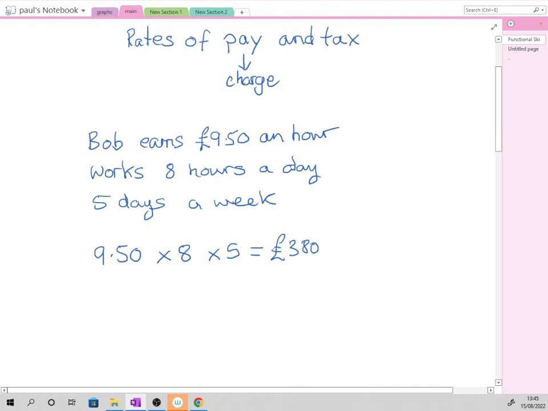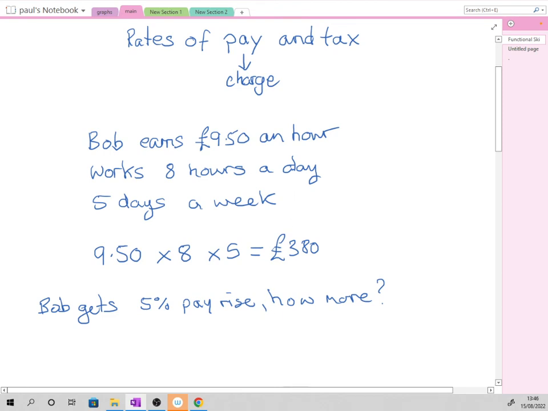They can complicate this by saying if Bob gets a bit of a pay rise, how much more will he earn? Yeah, Bob gets a fantastic 5% pay rise. How much more does he get in a week?